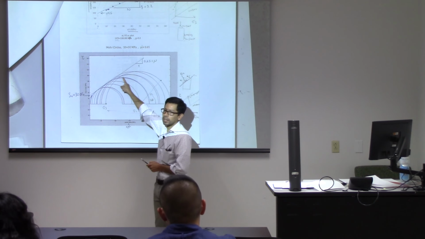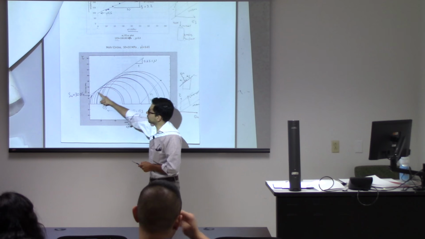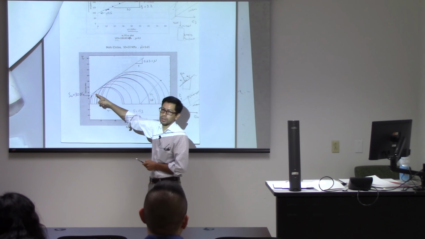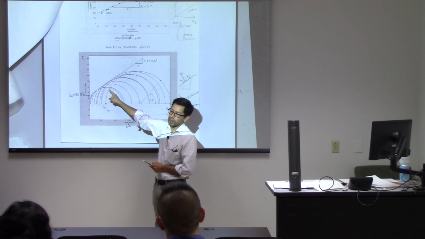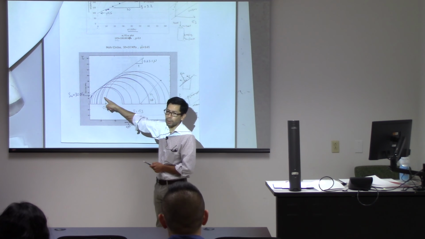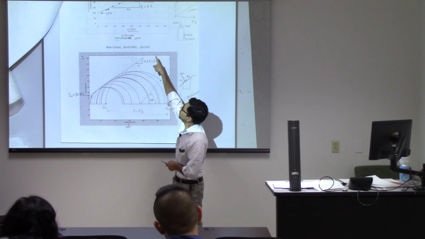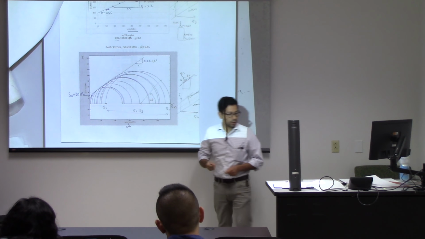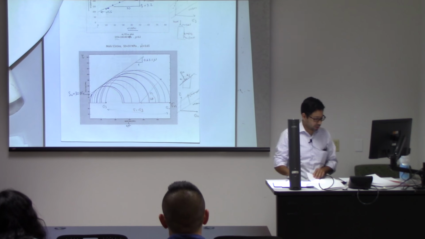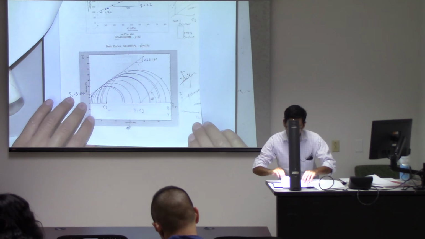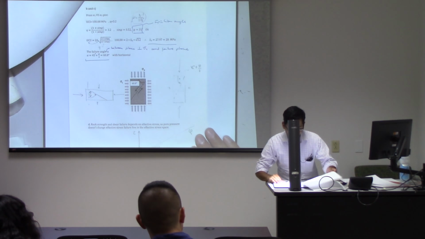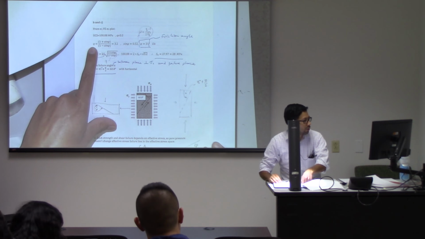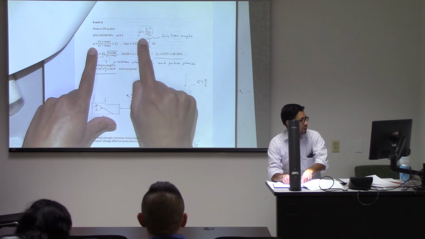How did I get this line? I didn't get this line by fitting a tangent to the circles, because that takes a lot of work. Instead, using those parameters, UCS and Q, I used the equations that are in the class notes, and you have them also over here. From here, I can calculate the friction angle.